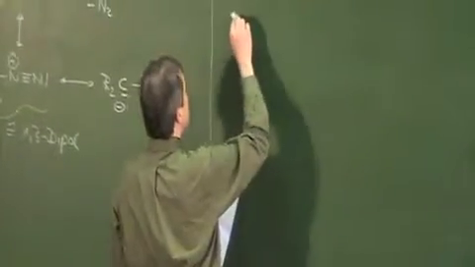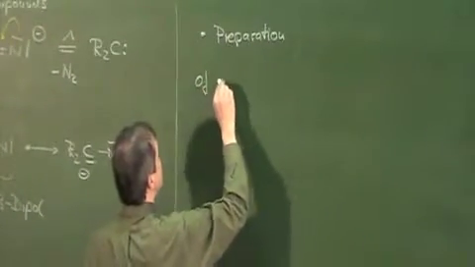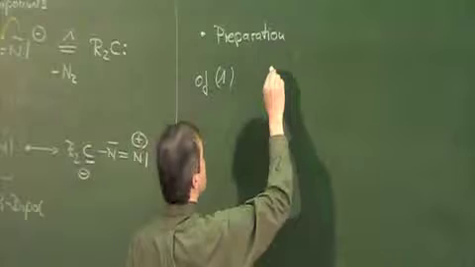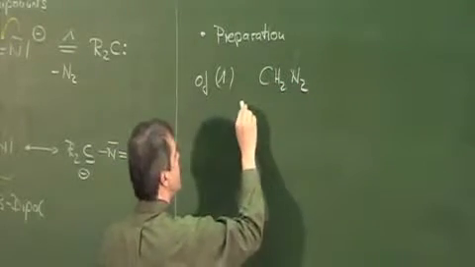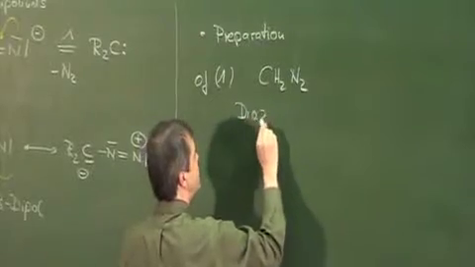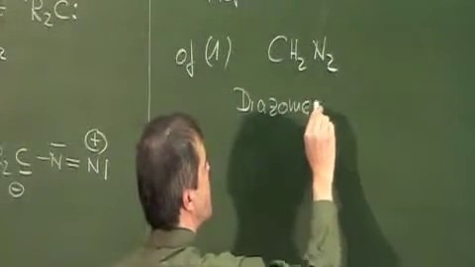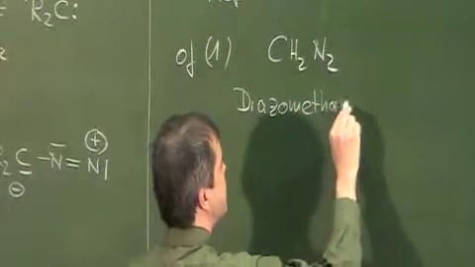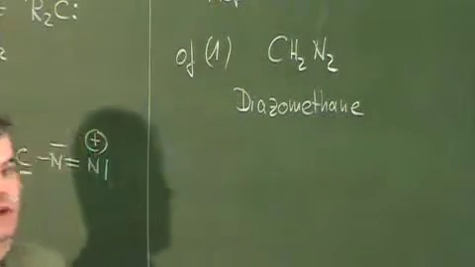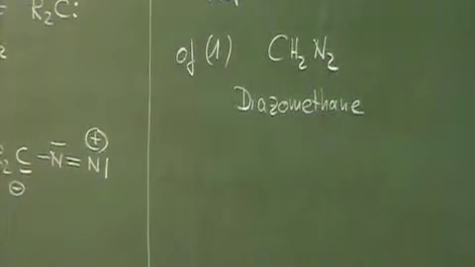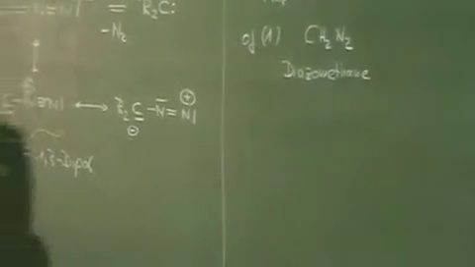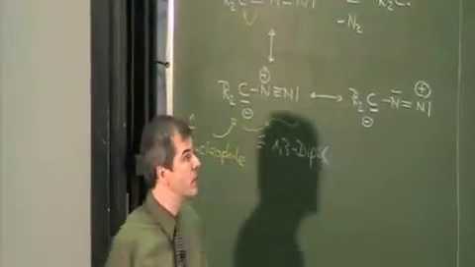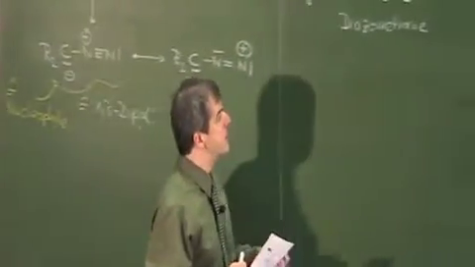So let's look first at the simplest compound. Let's look at diazomethane itself. And for diazomethane, you always have to prepare it. It's not commercially available because transporting it would be too dangerous.